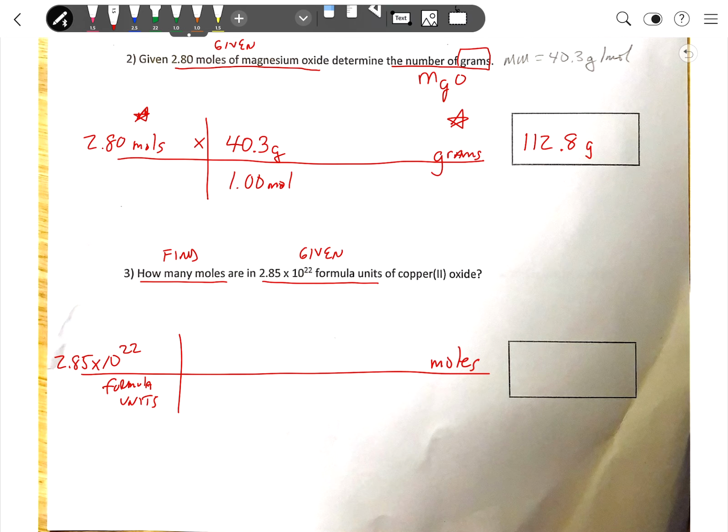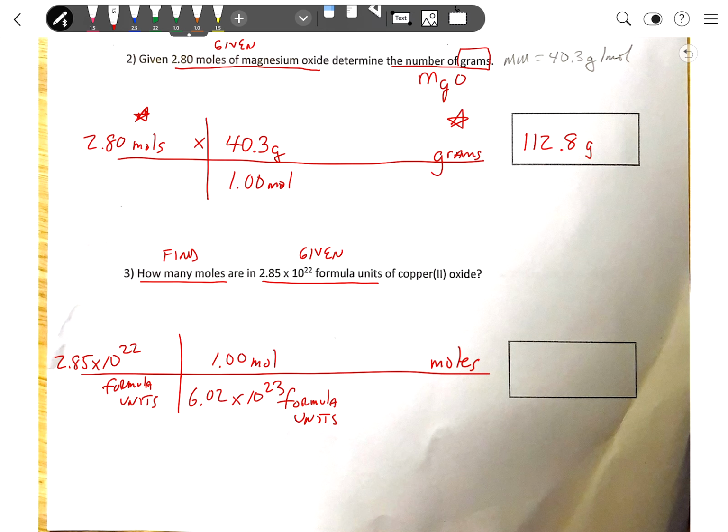So to get from the formula unit, which is a particle, part of the particle section down at the bottom right of your flowchart, you will find that you have to put 1 mole on top and 6.02 times 10 to the 23rd on the bottom. Okay, formula units. All right, this becomes a simple division problem. We don't have to worry about the 1 mole on top because any number times 1 is itself anyway.